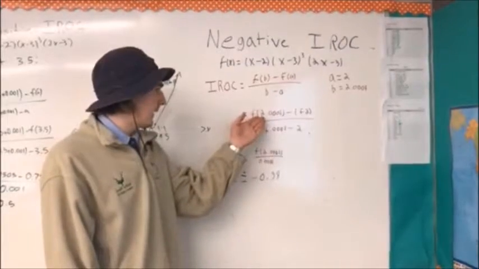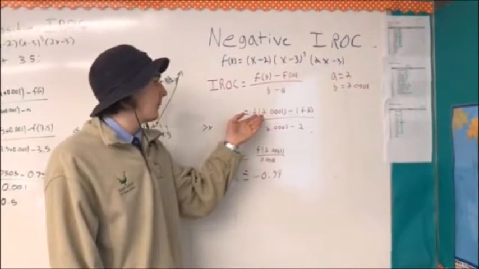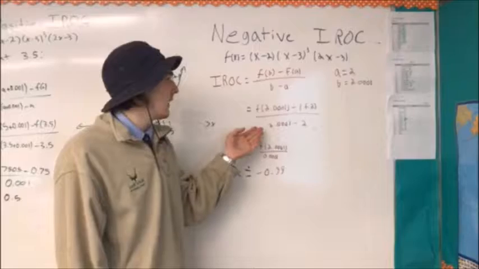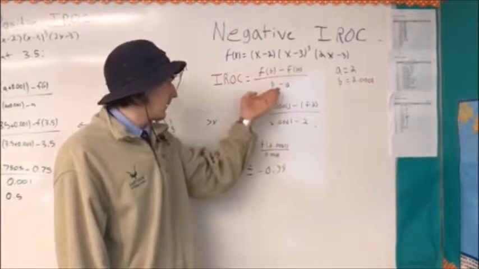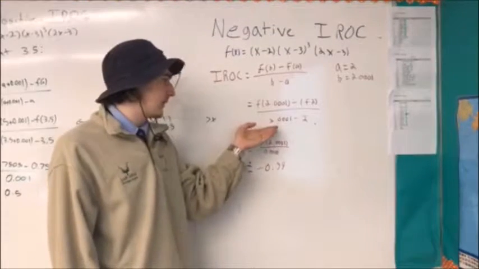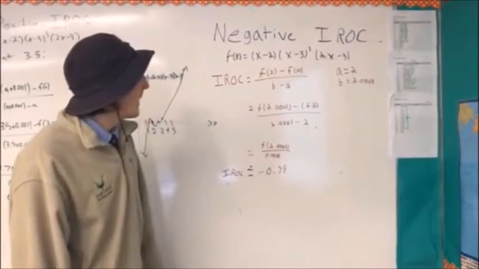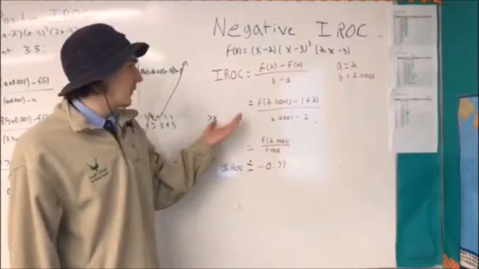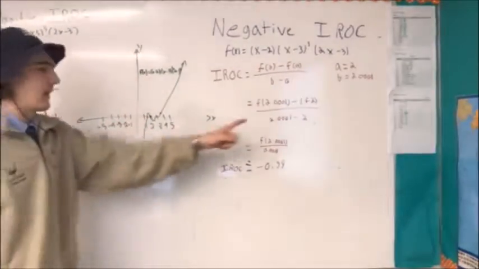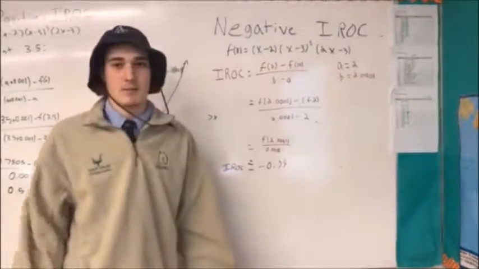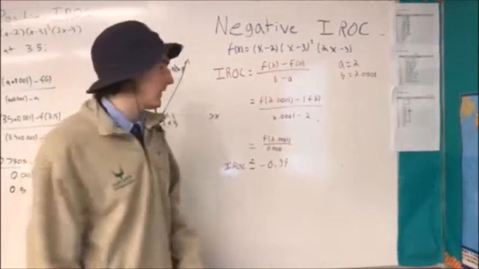I plugged in f of 2.0001 for f of b and f of 2 for f of a, once again over b minus a, so 2.0001 minus 2. Since we can see here that f of 2 is equal to 0, it basically cancels itself out, because anything minus 0 is just that number itself.